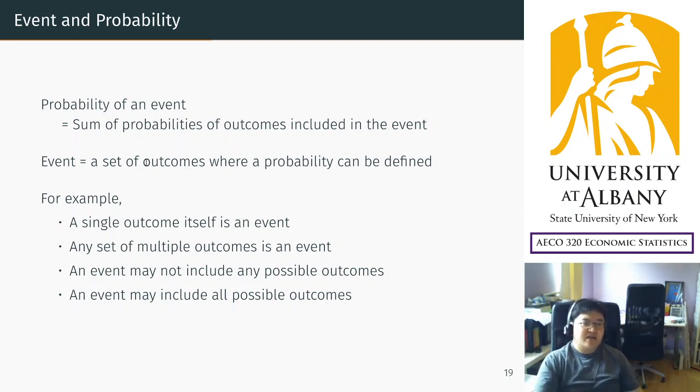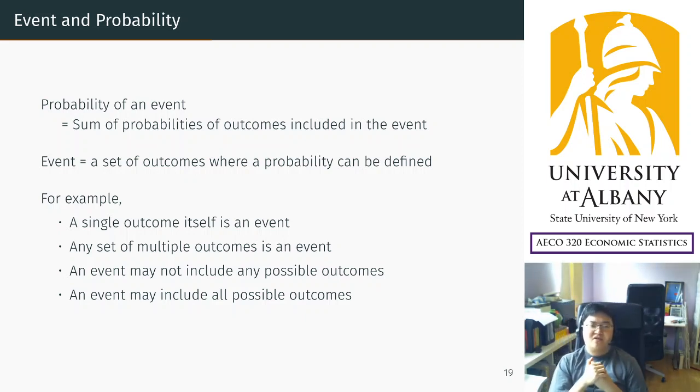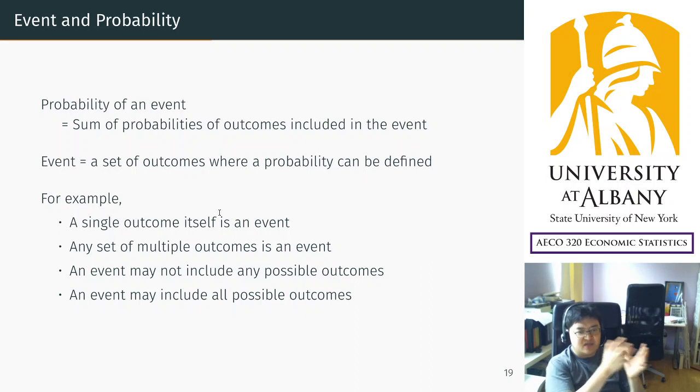Its probability can be calculated as the sum of probabilities for the outcomes included in the event. So you have to tell the difference between event and outcome. It's a statistical distinction. As examples of an event, just one single outcome itself can be an event, because you can attach probability there.